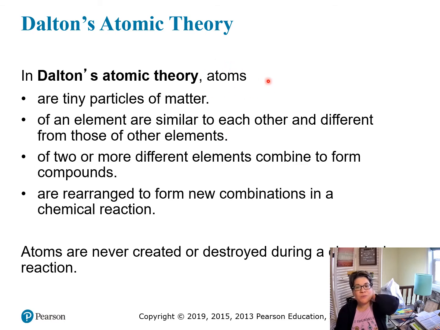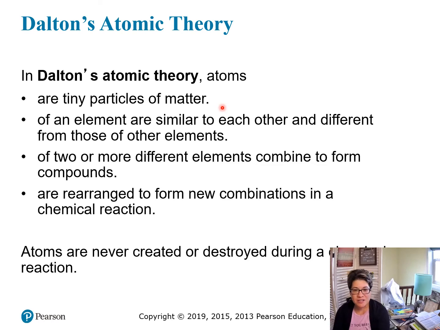The word atoms comes from the Greek, I think, atomos, which means indivisible, which isn't really accurate because atoms are divisible. That's how we get electricity to charge our phones and how we get radioactive decay and things like that. But he was mostly right.